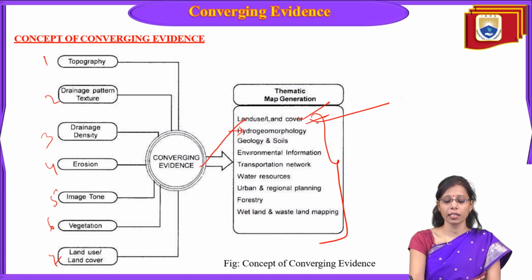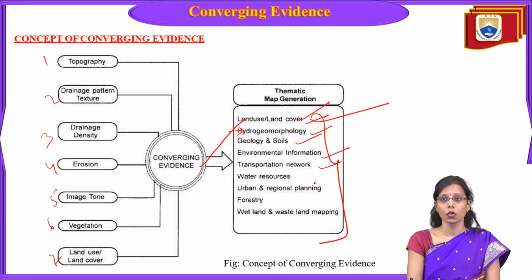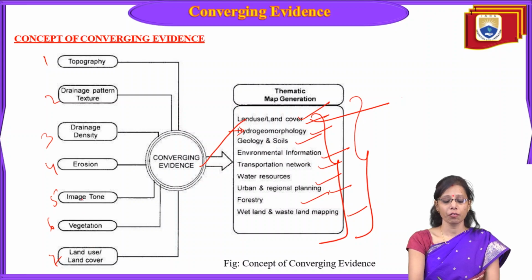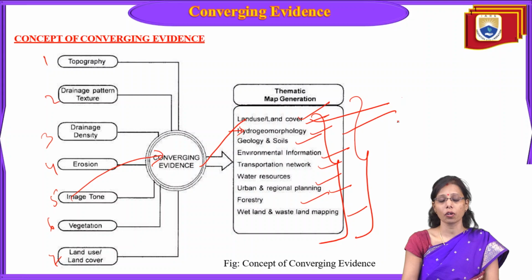The same way for land use land cover, hydrogeomorphology map, geological soils, environmental information, transportation network, water resource, urban and regional planning, forestry, wetland and wasteland mapping. If we want to know all this information, we have to find out all these evidences and put them together as converging evidence, and finally the output will be all this, right?